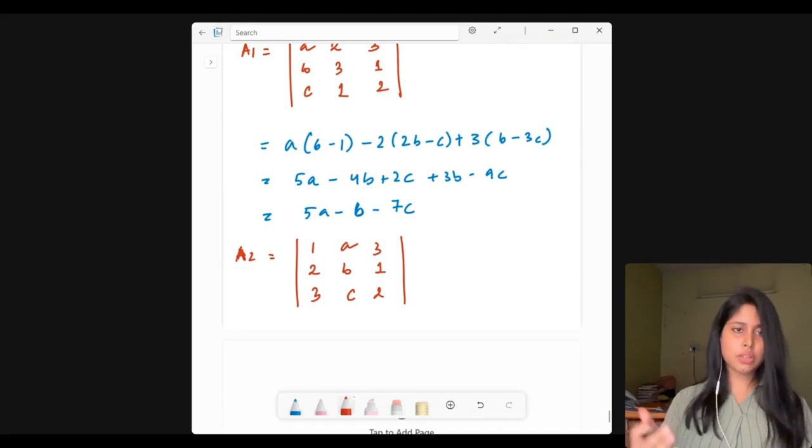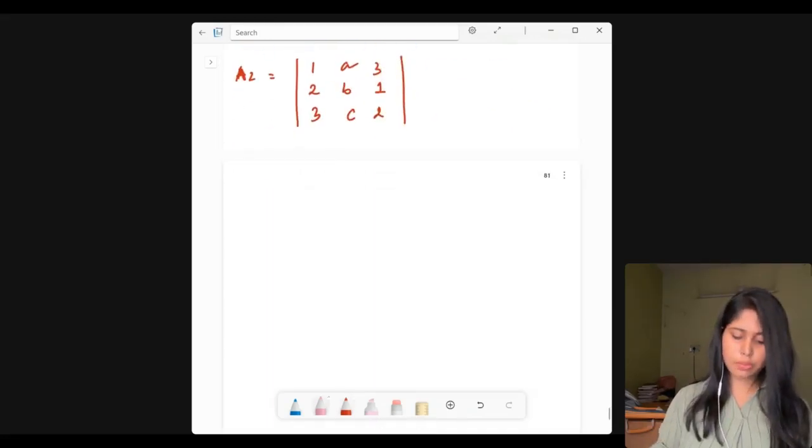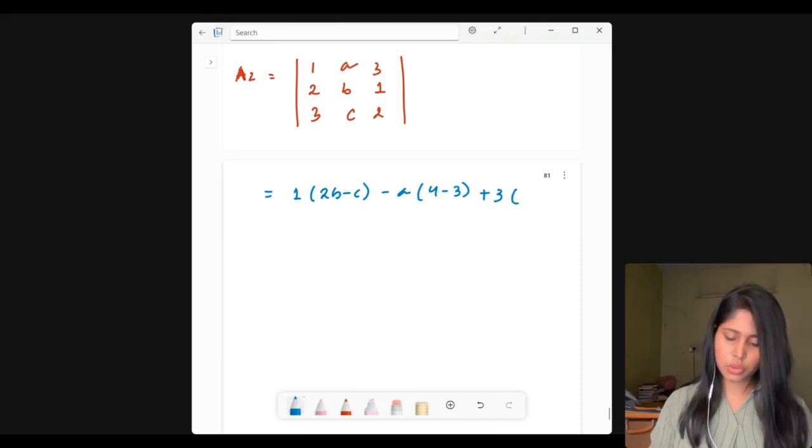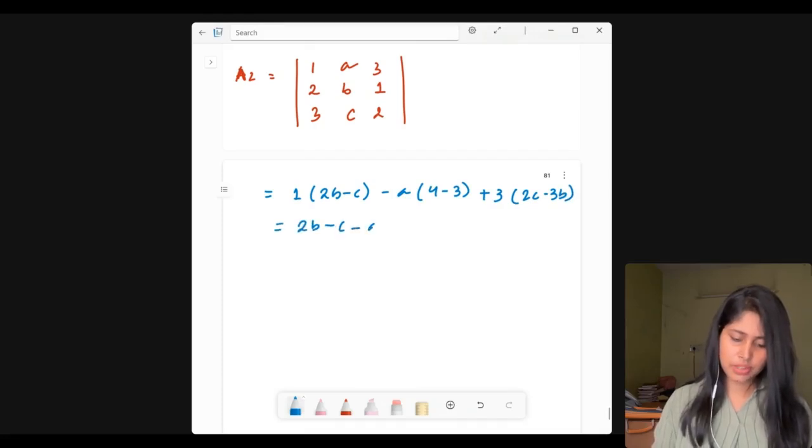Next we need to find the determinant of A2, which is 1 into (2b minus c) minus a into (4 minus 3) plus 3 into (2c minus 3b). That equals 2b minus c minus a plus 6c minus 9b, which is equal to minus 7b plus 5c minus a.